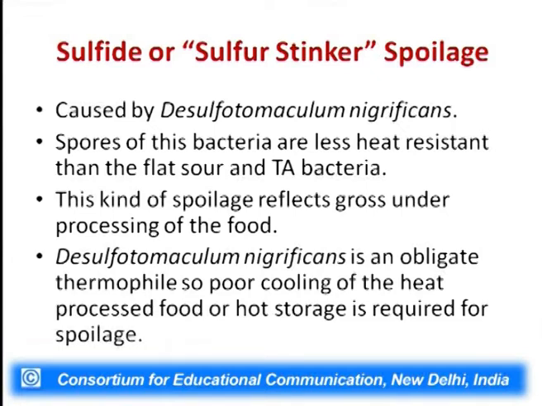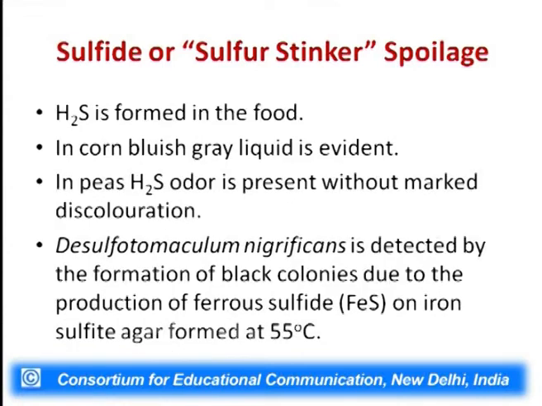Desulfotomaculum nigrificans is an obligate thermophile, so poor cooling of the heat processed food or hot storage is required for the spoilage, because under these conditions only this bacteria will grow and it will not grow at lower temperatures.